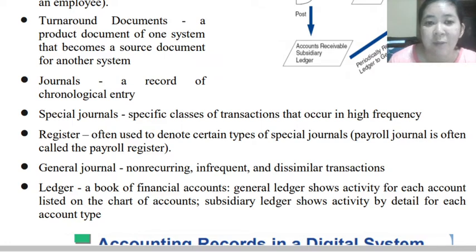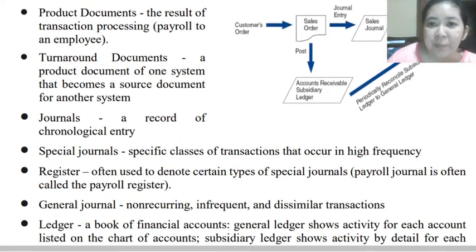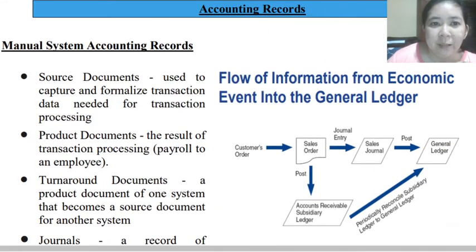Okay, so we also have the subsidiary ledgers, which support the main account. Meaning, this shows the activity by detail for each account type. So these are the accounting records that we normally use under the manual system.